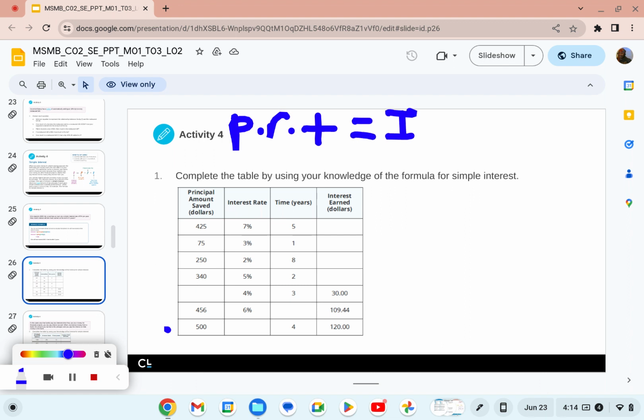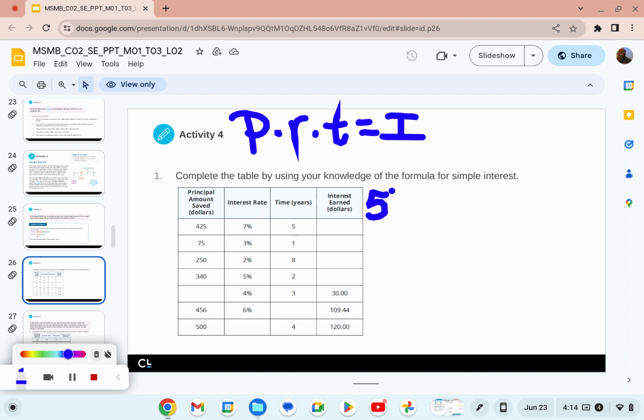I have everything except for the interest rate. So let me go ahead and build that out. I have 500 times R, because I don't have that amount. Let me put times R because I want to be consistent: P times R times T equals I.